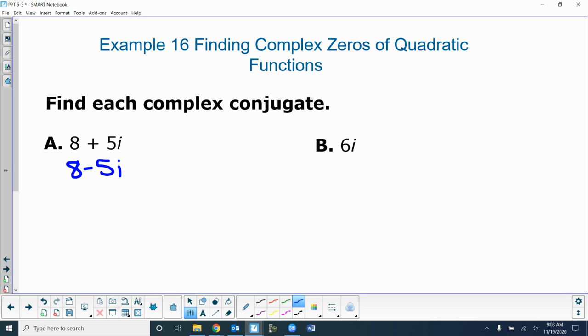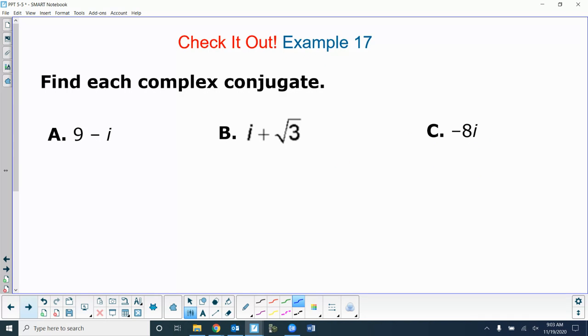This one is what they call a pure imaginary number because the real part was 0. So those two are the same thing. So what's its conjugate? Zero minus 6i, or just negative 6i. Okay? How about this one?